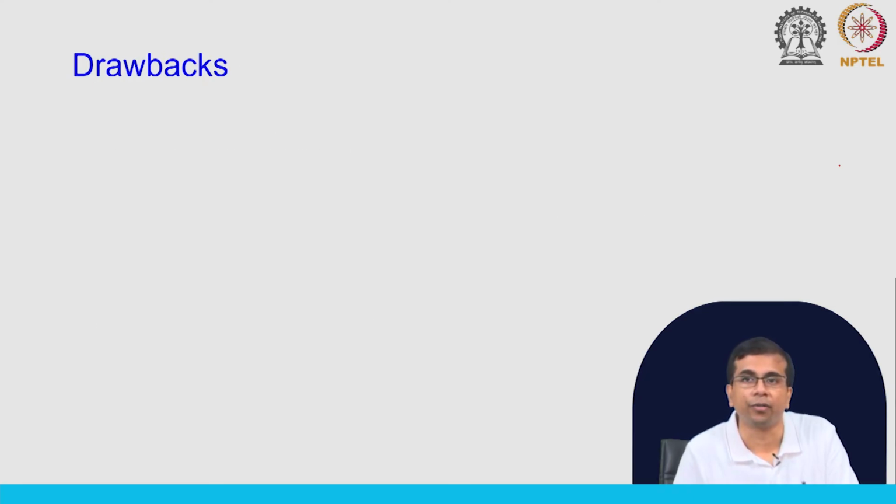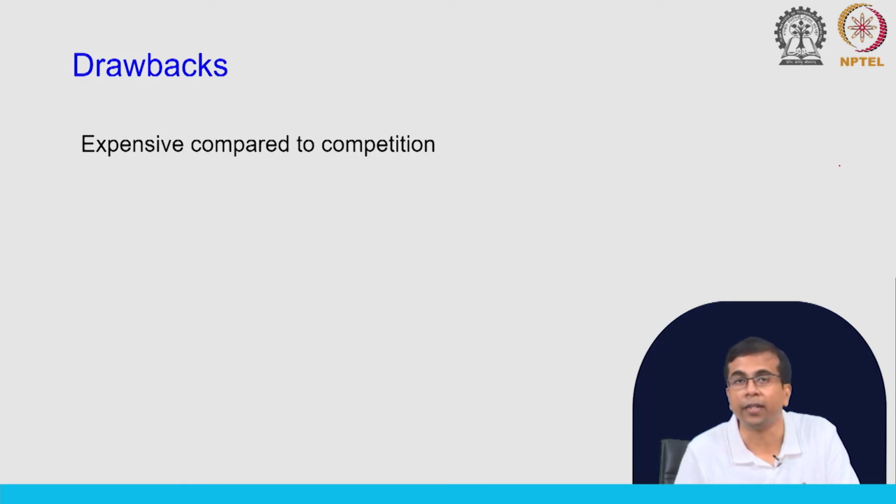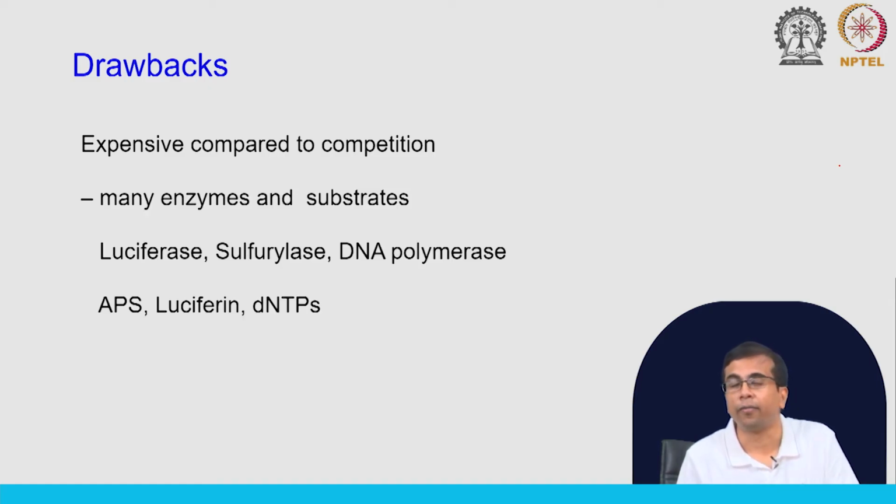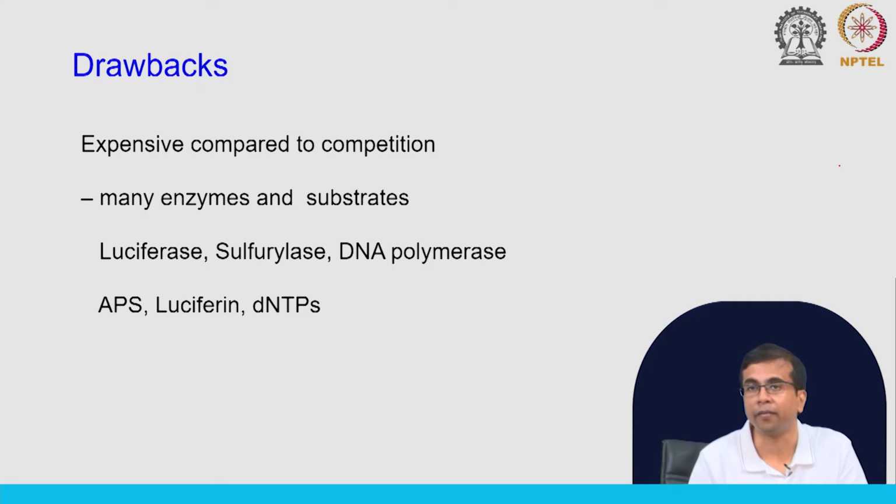We will talk about the drawbacks. It was actually expensive compared to the competition that came later on. This competition came from other technologies that we will discuss later. This was expensive because it used many enzymes and many substrates for the sequencing reaction. As you have seen, we have DNA polymerase, but in addition we have ATP sulfurylase, luciferase, and different substrates like APS, luciferin, dNTPs.